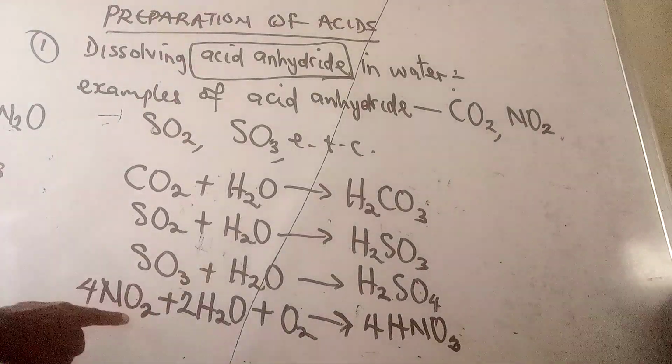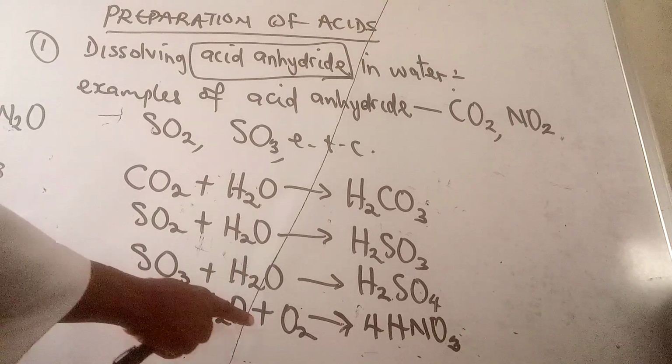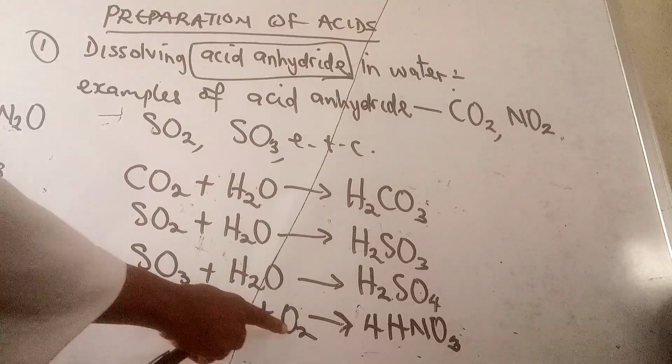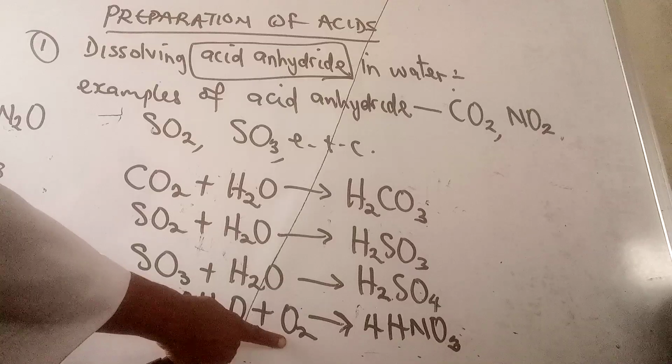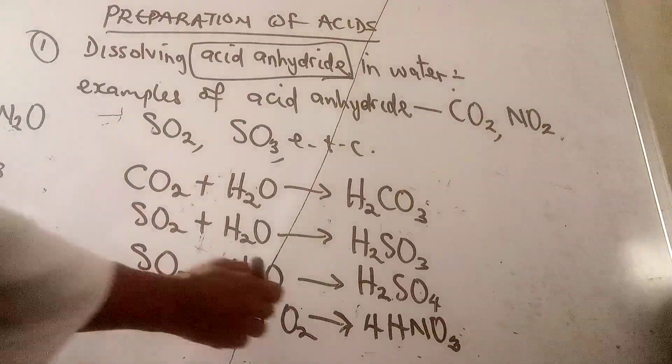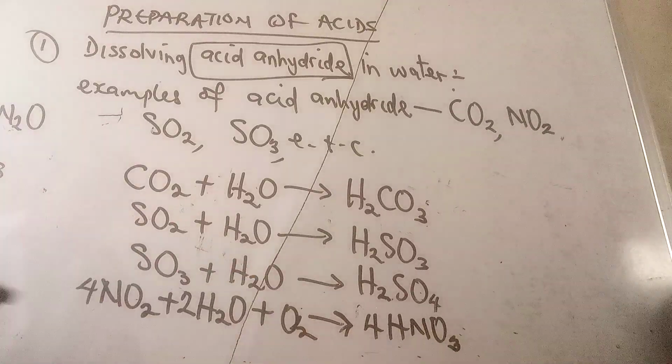In the case of nitrogen 4 oxide, it has to be dissolved in water in the presence of excess air. That is why we have excess oxygen here in addition, because you know that nitrogen covers the highest percentage by volume of air.